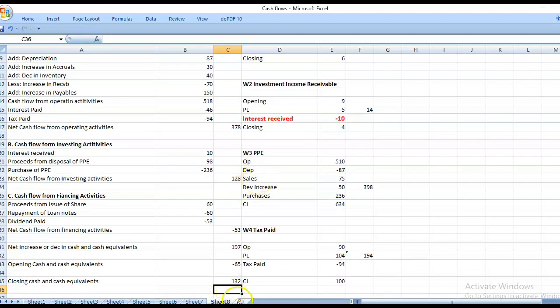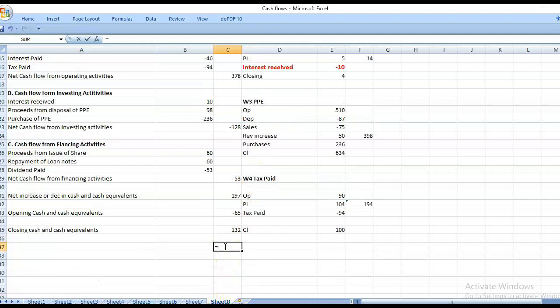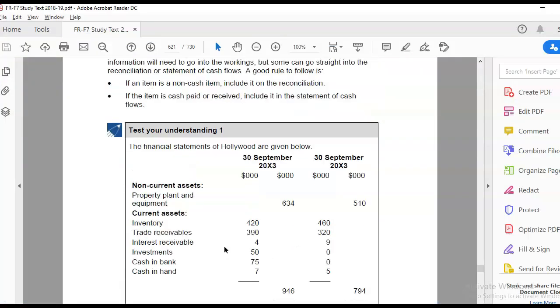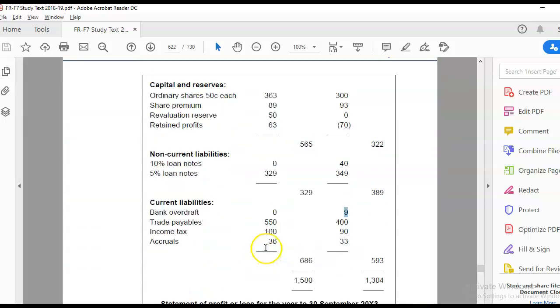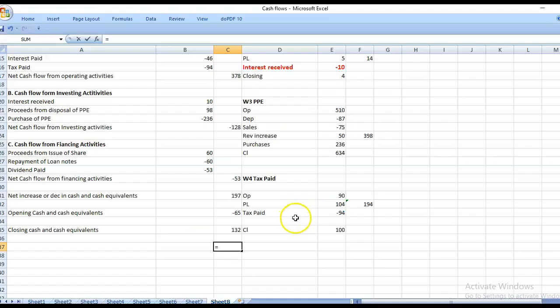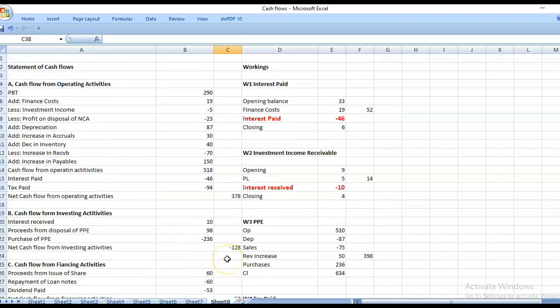I'm getting 132. Let's see how much are the closing cash and cash equivalents. 50, 75, 7 and 0 over here. So 50, 75 and 7, which is 132. A perfect match. So my answer is tallying, and that way my cash flow is completely correct.